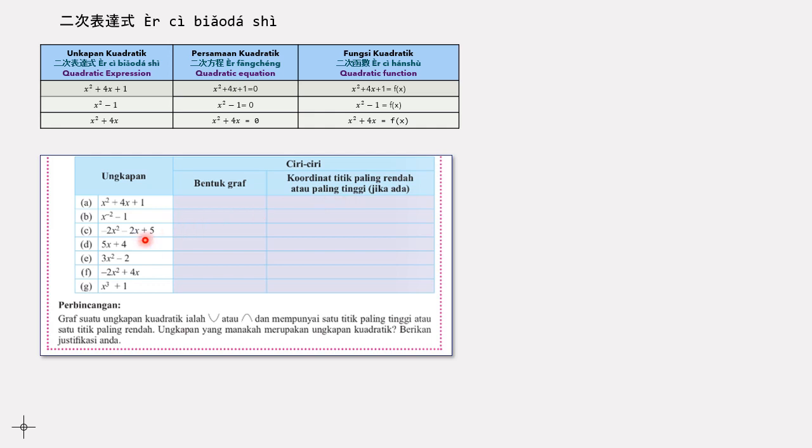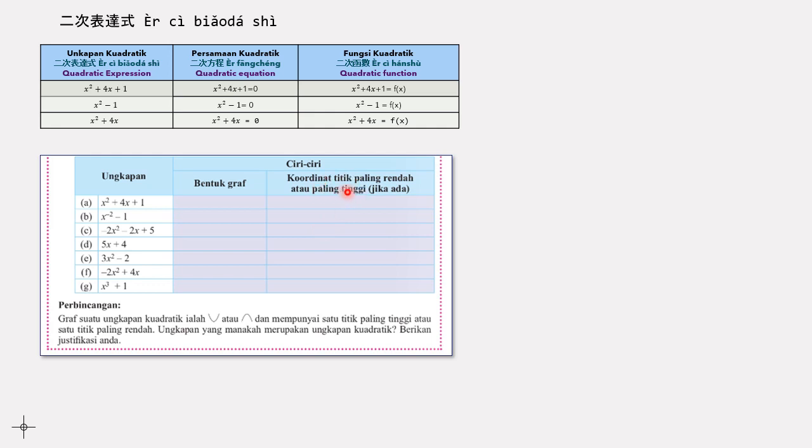Okay, with -2 x squared, the negative sign here, that means your bentuk graph is a sad face. Sad face is always shown in the graph as having a titik paling tinggi.